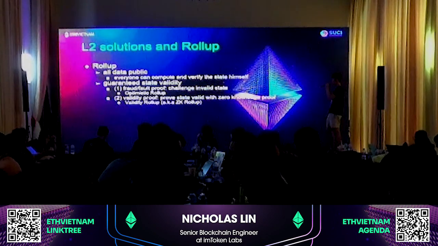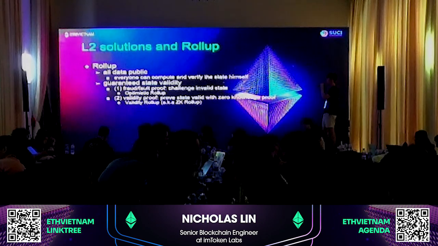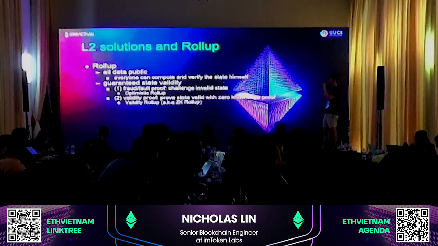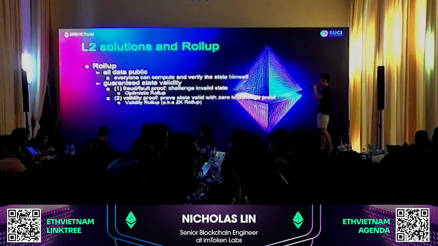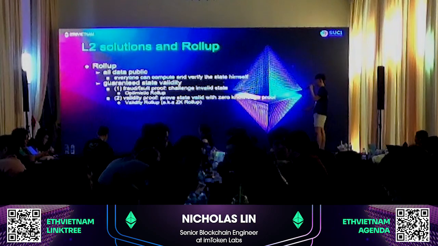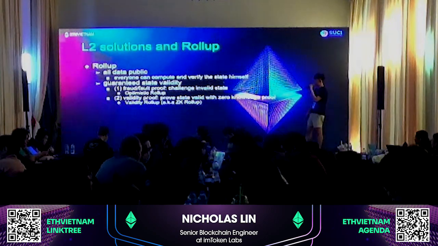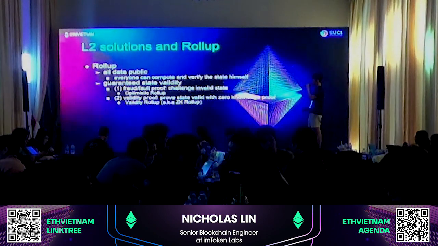Okay, so a recap on rollup. All the data will be made public, and so everyone can compute and verify the state himself. And in rollup, it can also guarantee the state validity via 2 approaches. The first approach is by fraud proof. So you will use a proof to challenge invalid state.